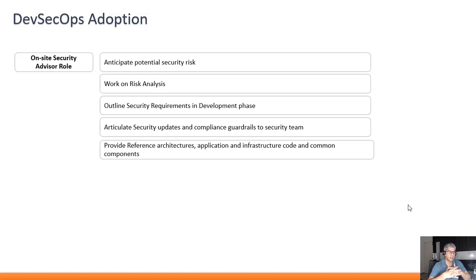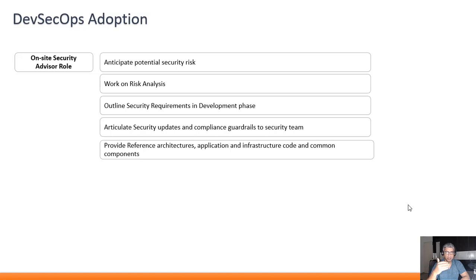So let's say we can have an on-site security advisor role. What would his major contribution be? He's going to anticipate the potential security risks. He's going to work on the risk analysis, right? He's going to look into some of the security requirements that are required for the development phase. It depends on project by project. It depends on different kinds of parameters.